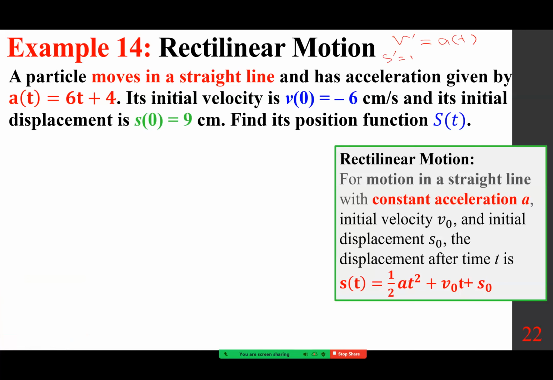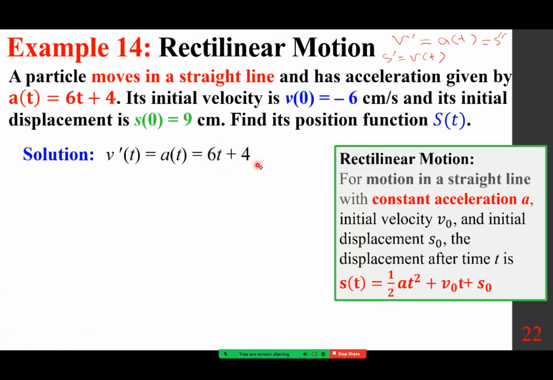S prime is v of t. By the way, this is also equal to s double prime. So v prime is a of t, or 6t plus 4. Therefore, if I want to get to v, I have to go with the reverse process and integrate that. By now you have done it. So the antiderivative of this is 3t squared plus 4t plus a constant.